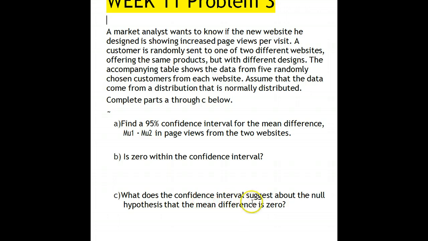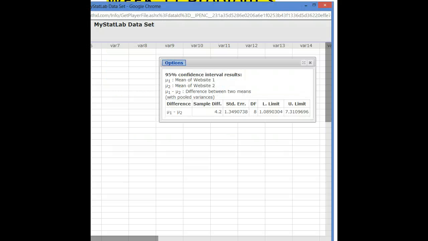The confidence interval suggests that the mean difference, let's look at it. What this is saying, mu1 minus mu2, the mean difference, we are 95% confident that the mean difference between website 1 and website 2, which is what this is, falls within this range here.